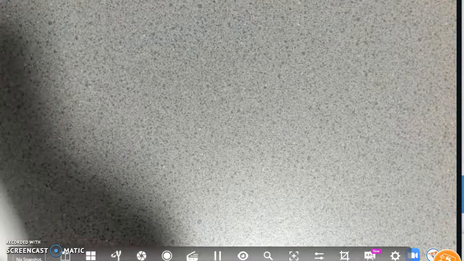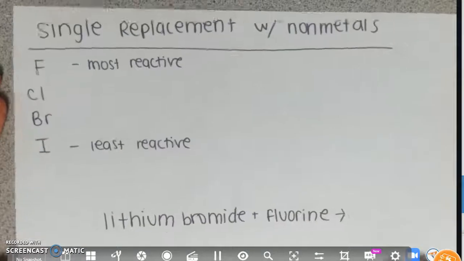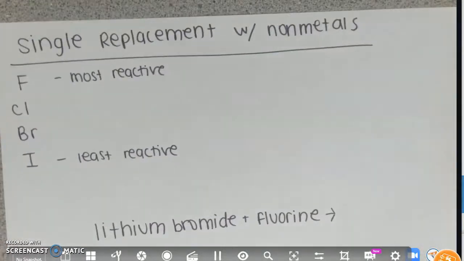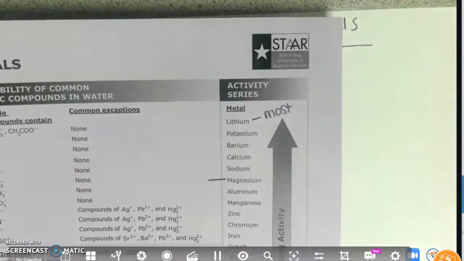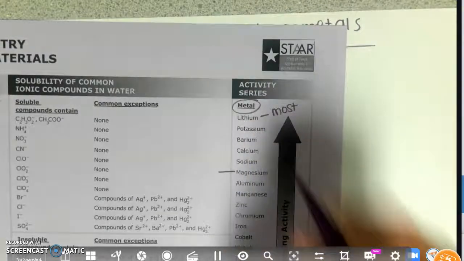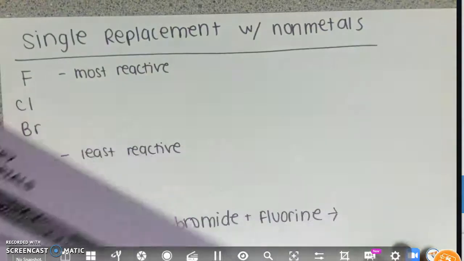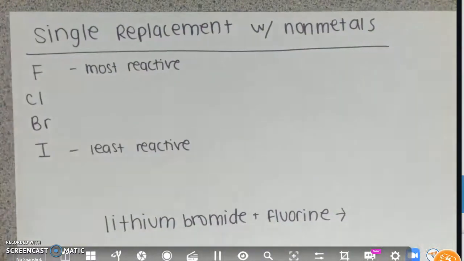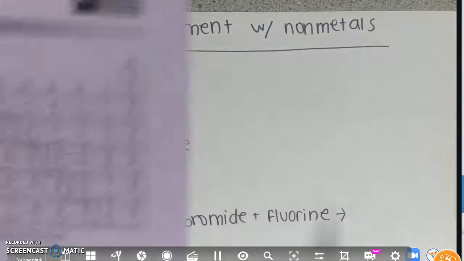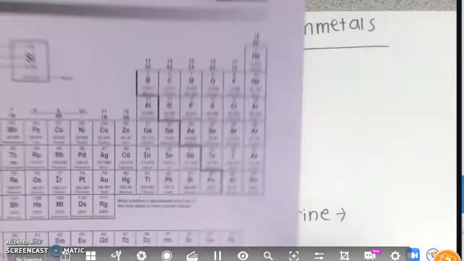We also have single replacement reactions with nonmetals. Your activity series is only metals. That's why it says metals. You need to know, and you need to label it on your periodic table. The activity series for nonmetals is that, and the way I wrote it is just like the periodic table.